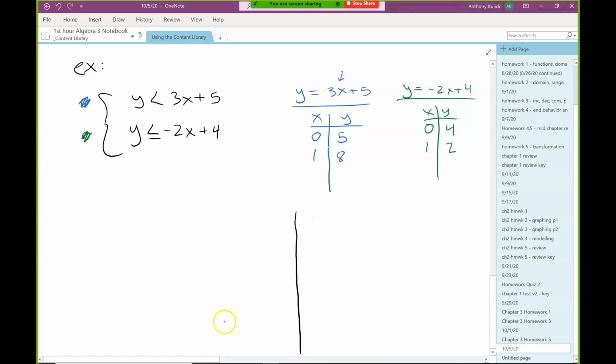So let's go ahead and draw our graph then. 1, 2, 3, 4, 5, 6, 7, 8. So I have 0, 5. And then 1, 8.